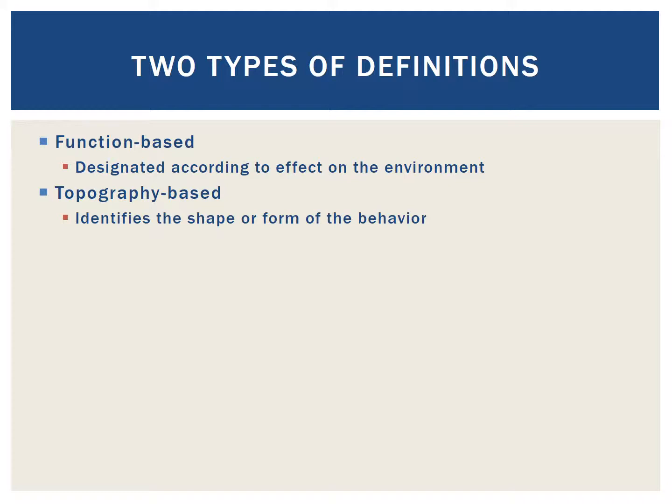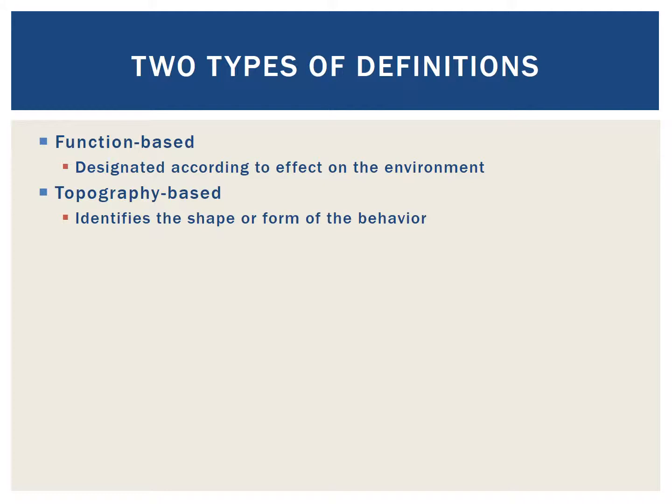There are two broad types of definitions for dependent variables. One is function-based and one is topography-based. Of course, function-based, as you remember from 603, is going to be based on the function of the behavior. So if you have a challenging behavior that serves some operant function, and then we may have different forms of that behavior.